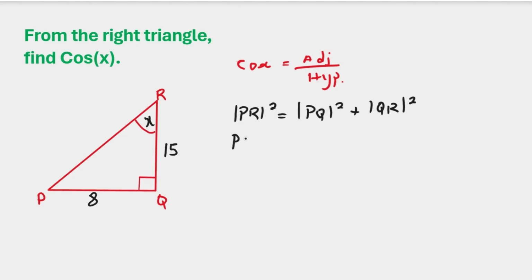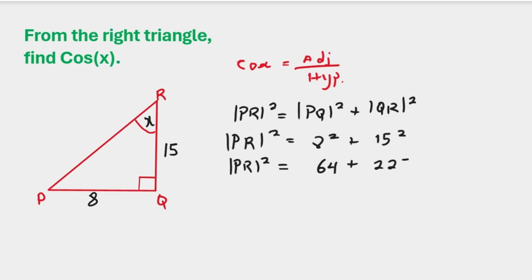So we still have PR squared, which is equal to PQ, which has been given to be 8. So that's going to be 8 squared. And QR is 15, so it's going to be 15 squared. So we have PR squared equal to 8 squared, which is 64, plus 15 squared, which is 225.